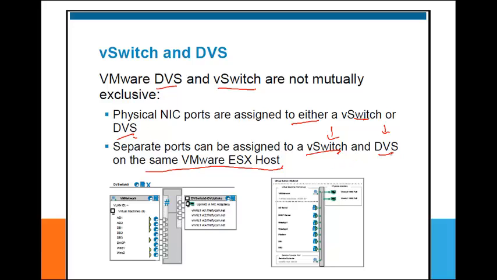Even when we have Nexus, we assign the virtual supervisor module to a vSwitch and give it a separate NIC card, and we put the virtual Ethernet module, VEM, on DVS and give it a separate NIC card.